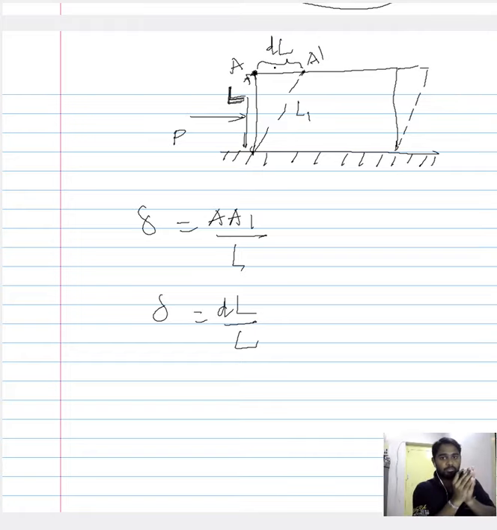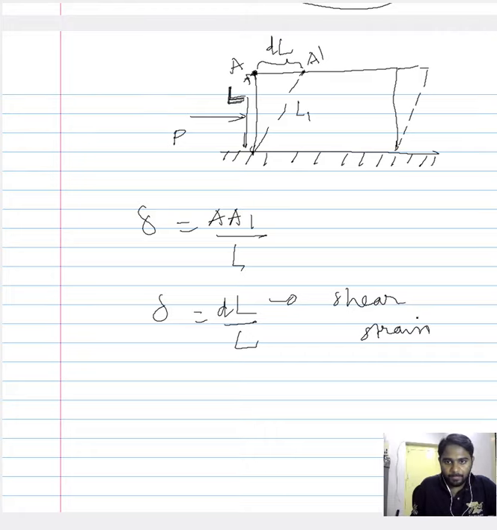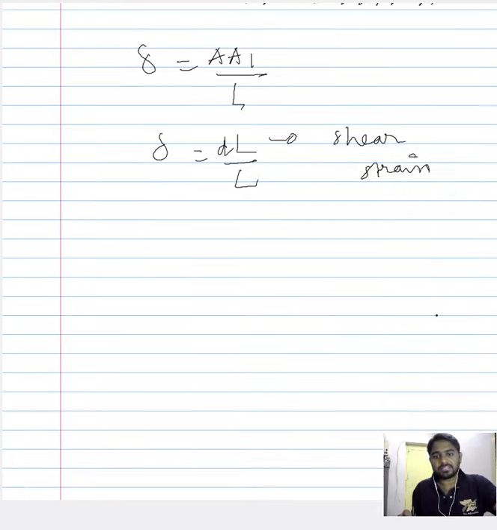So it has moved from point A to point A1, and this shift we call dl, and we normalize it with respect to the initial length of the material, and this ratio will give us the shear strain.